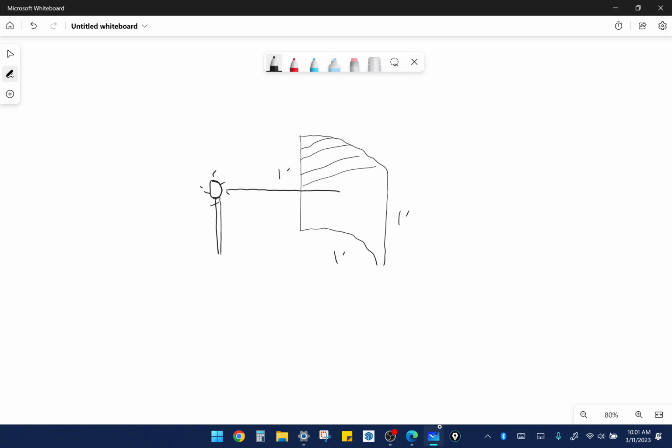So if I now have my little candle here, and I'm going 1 foot away, now I've got that 1 foot by 1 foot. And this is that square foot that we were talking about on the surface of the sphere.